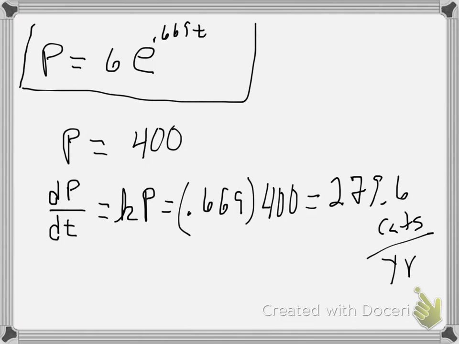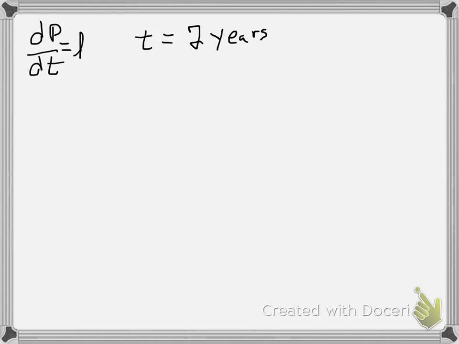Now, let's see. Another thing we could maybe do is find out what's the rate of increase in the population after, I don't know, maybe how about, let's go 7 years. Well, remember dP/dt is kP, and we know that k is 0.669. What we don't know is the population at 7 years, but we have an equation for that.